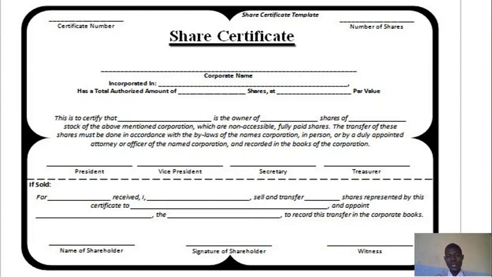And other content will also be there in the name of shareholder. If your name is Utibe Emmanuel, it will be stated there. The signature of shareholder and the witness.